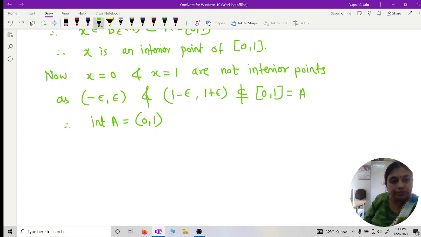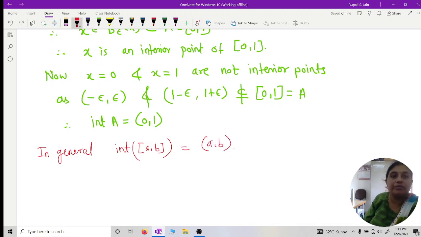In general, what is the interior of the closed interval [a, b]? It is nothing but the open interval (a, b). Is that right?